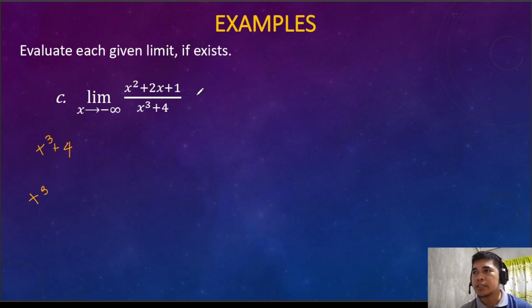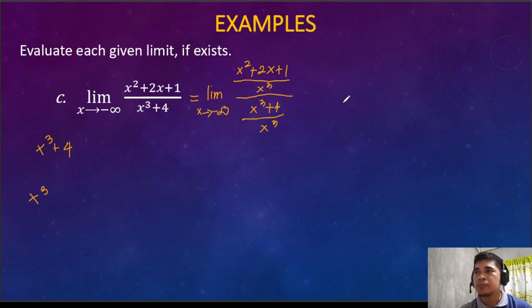Okay? Next. Limit. So x squared plus 2x plus 1 over x cubed, and then x cubed plus 4 over x cubed, as x approaches negative infinity.